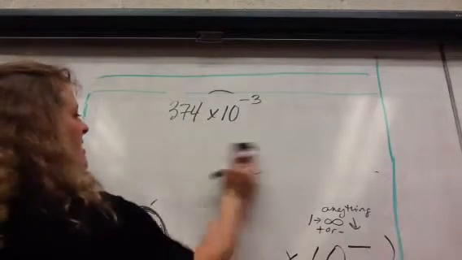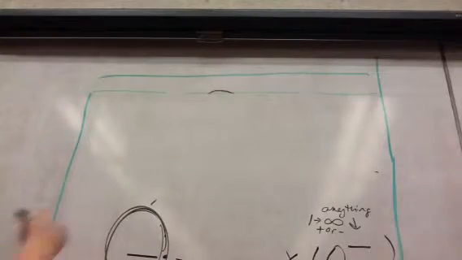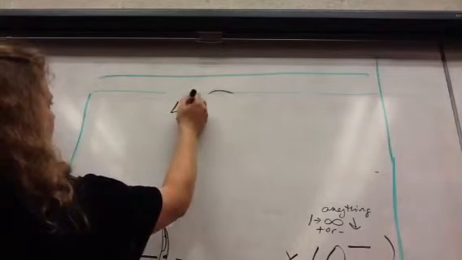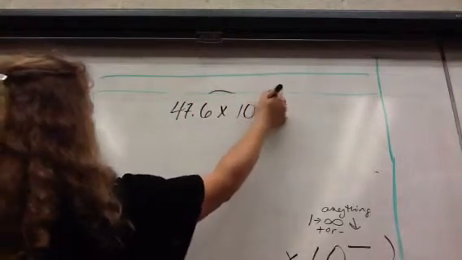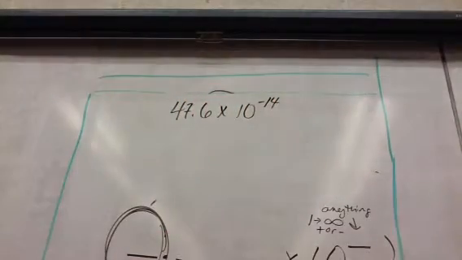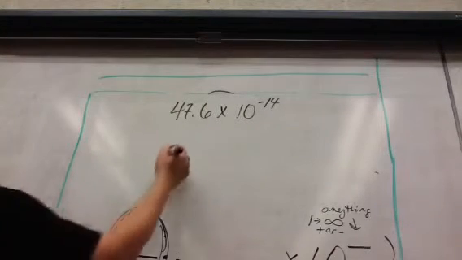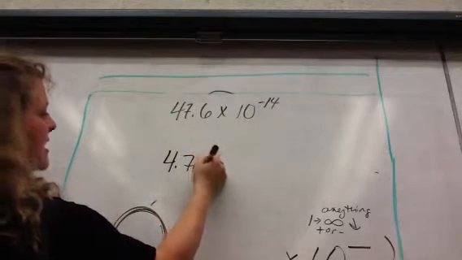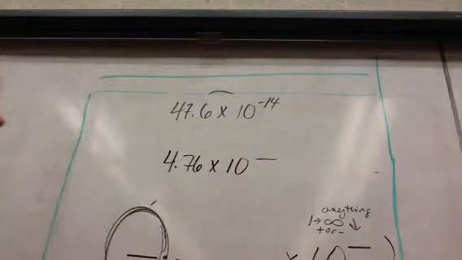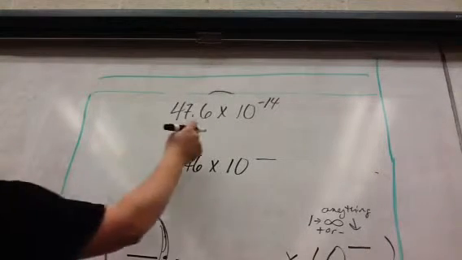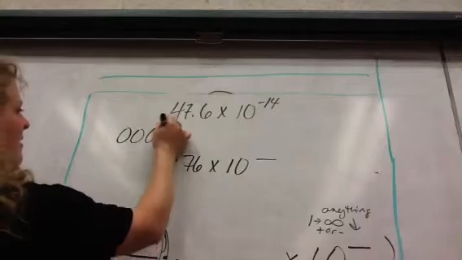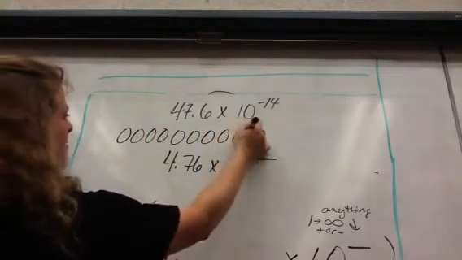Let me show you some of the kinds of numbers that we get. 47.6 times 10 to the negative 14th. Put that in correct scientific notation. Zoinks! Okay, so we know that it needs to be 4.76 times 10 to the something. Yeah? Okay. Again, I fluff it out.